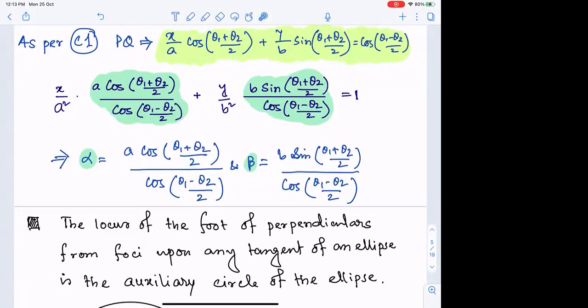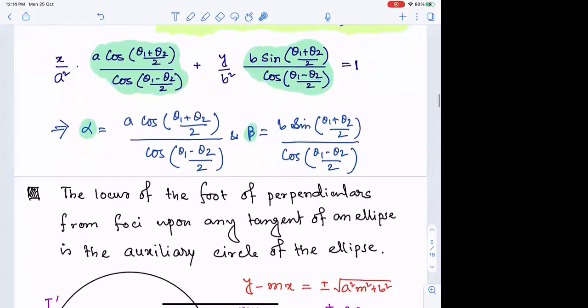Now, if we can establish this result, we have an alternate description for the auxiliary circle, and the description says it can also be identified as the foot of the perpendiculars from any of the foci of the ellipse upon any variable tangent, right?